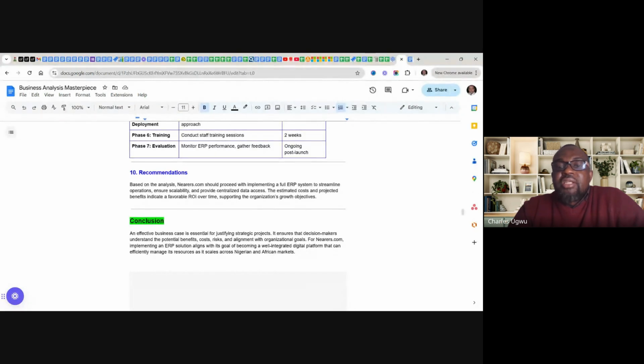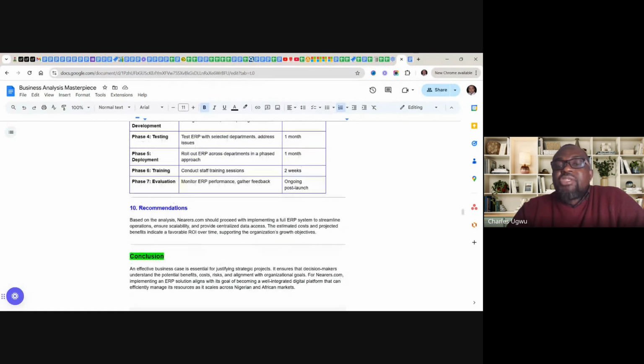It ensures that decision makers understand the potential benefits, cost, risk, and alignment with organizational goals. For the Nearas.com implementation, an ERP solution aligned with its goal of becoming a well-integrated digital platform that can efficiently manage its resources and scale across Nigeria and African markets. So that is a business case.